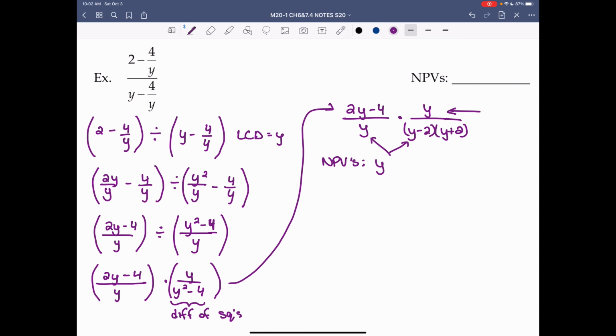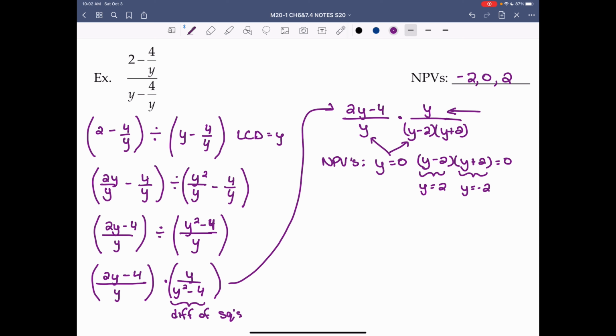So we have y equal to 0. And then our second fraction, we have y minus 2 times y plus 2 equals 0. When does that happen? Well, here when y equals 2, and here when y equals negative 2. Then we have negative 2, 0, and 2 for our NPVs.